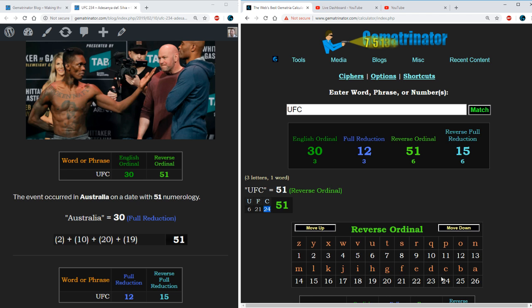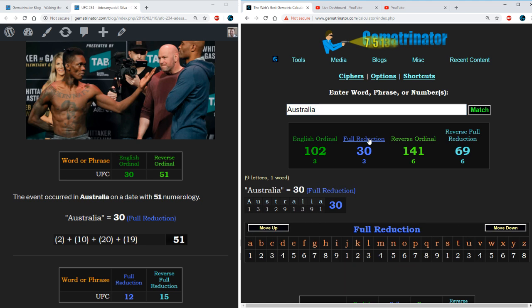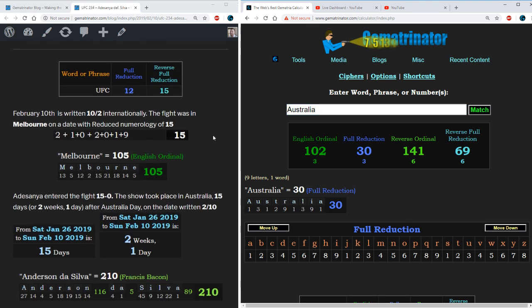C gets 24, it's way at the end. This event, UFC 234, took place on a date with numerology of 51: 2 plus 10 plus 20 plus 19. It took place in the nation of Australia, which sums to 30 in the reduction method.